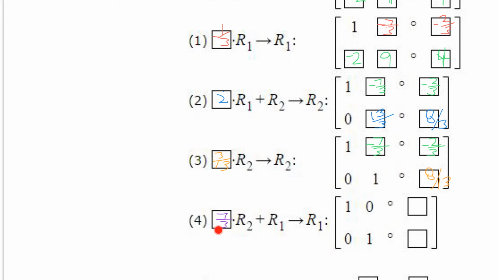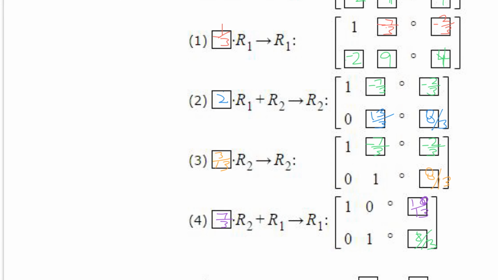Then 7/3 times 1, added to negative 7/3, gives me 0. Remember, I'm replacing row 1. Then I'm going to take 7/3 times 8/3 and add it to negative 2/3. If you do that correctly, you should get 10 over 13. And then we haven't changed the bottom row at all. That's going to stay the same as 8 over 13.